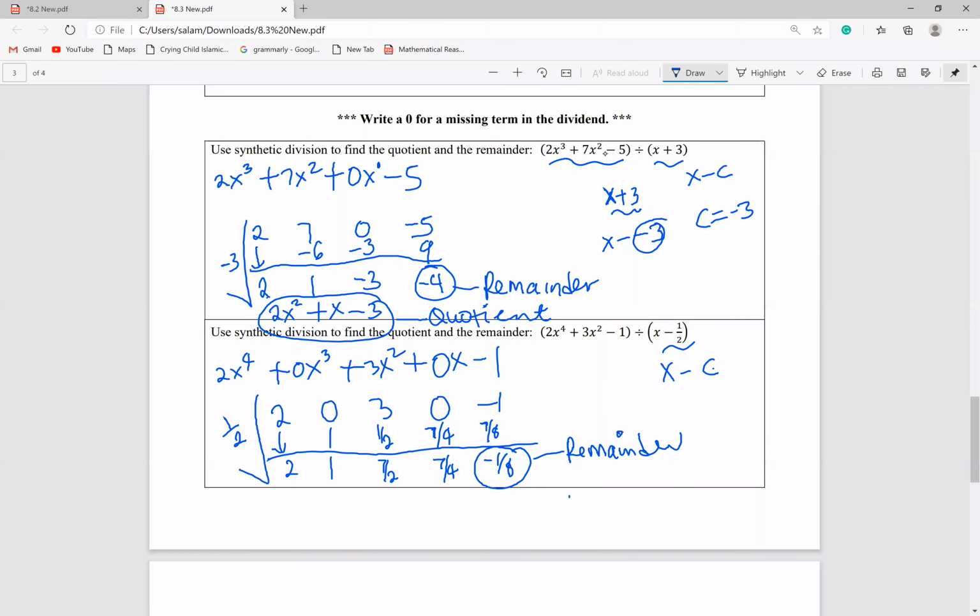This started with x to the fourth power, so our quotient is going to be reduced by 1. We are going to have 2x cubed plus 1x squared, so simply x squared, then plus 7/2x, then plus 7/4, which is a constant term. And that's going to be the quotient.